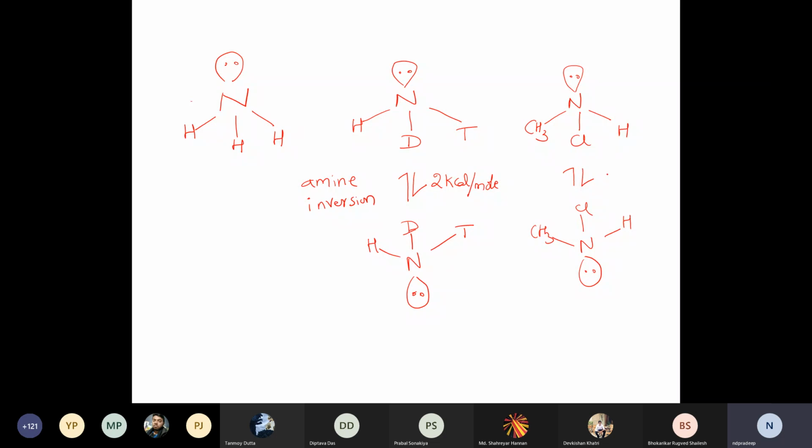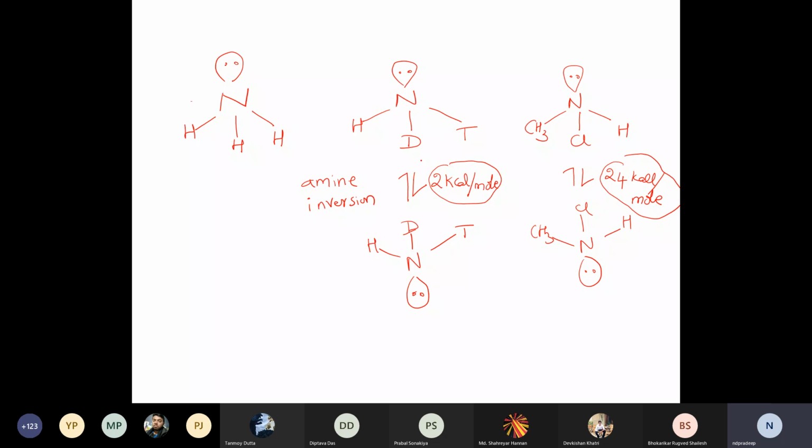And then they went to this compound and they saw the energy. See, this is the beauty of understanding the energy, the numbers. 24 kilocalories per mole. Anyhow, I'm not going to ask this in the exam. What are the numbers? But you should know these numbers to enjoy the process. This is 2 kilocalories per mole and this is 24 kilocalories per mole.